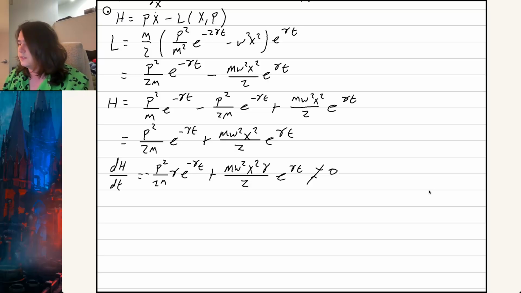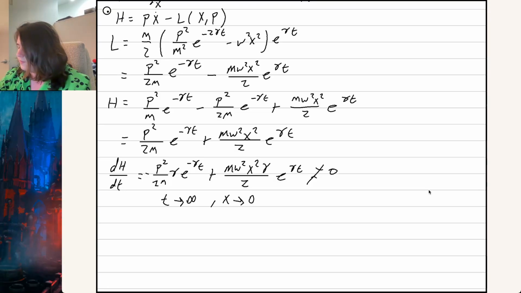But the last part of this question is, what if initially x is 0 at t equals 0, and x dot is 0? What happens when t approaches large values? It's 0. x will tend towards 0.